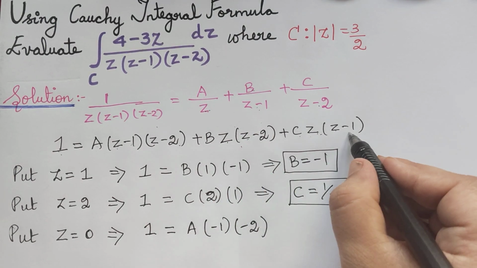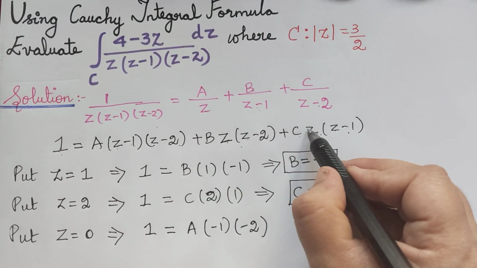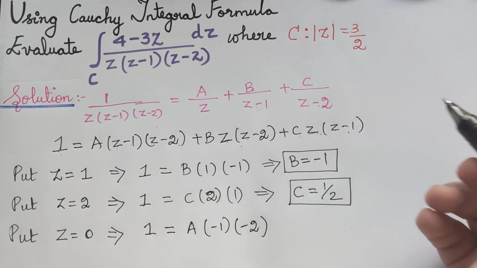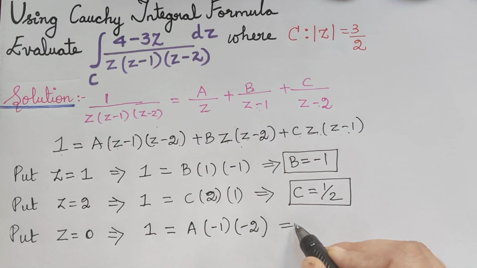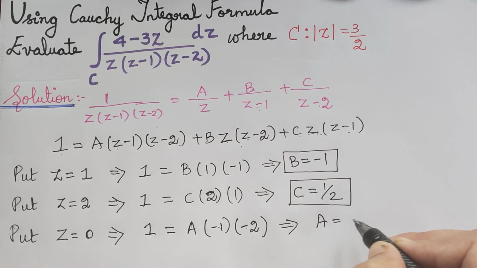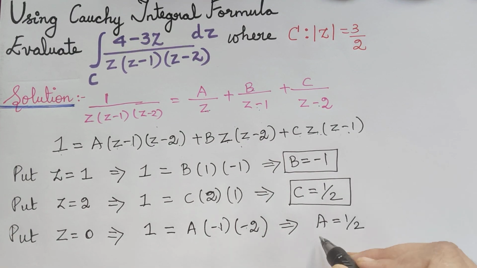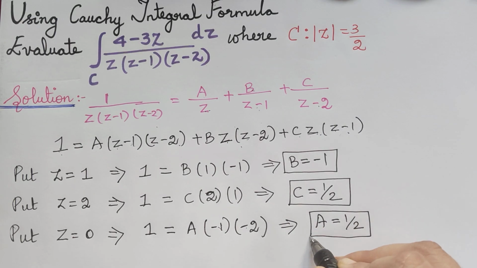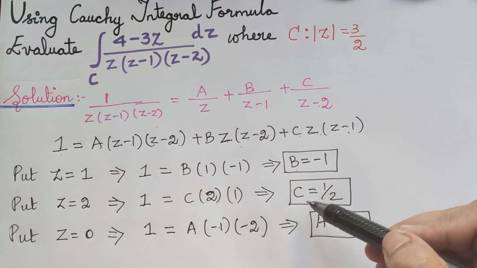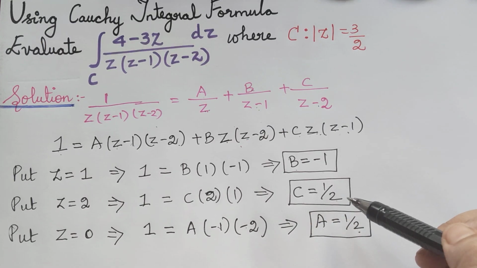The other two terms become 0 because z is 0. Minus into minus becomes plus, and the value of a is 1 by 2. So these are the values: a is 1 by 2, b is minus 1 and c is 1 by 2.